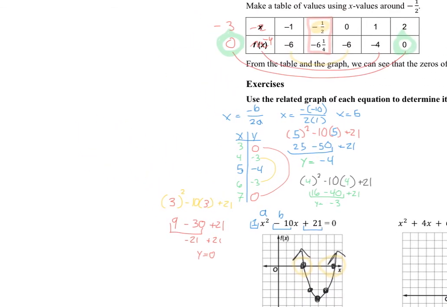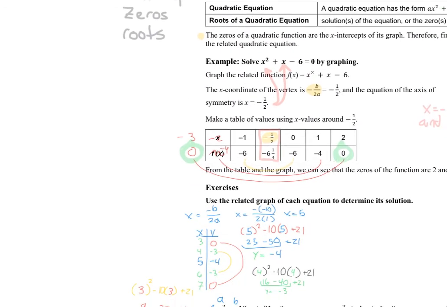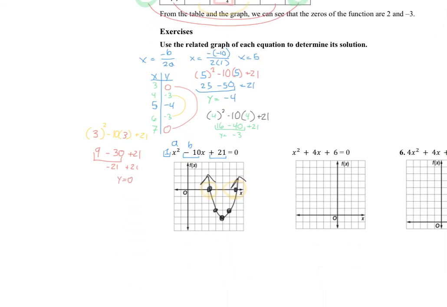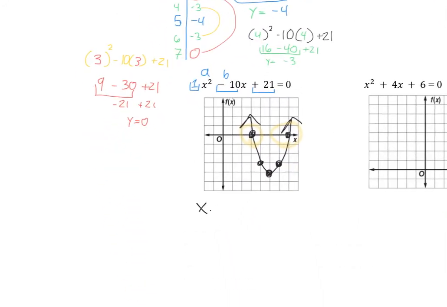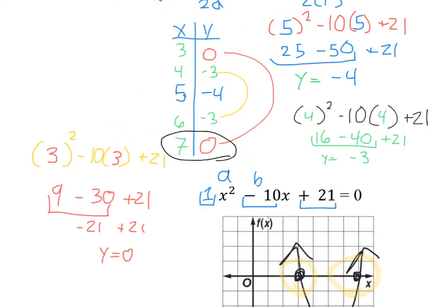And recall, solutions mean the same thing as x-intercepts, same thing as zeros, same thing as roots. Our solutions are x is equal to 3 and x is equal to 7. We found that by seeing on the graph, that's where it crosses over the x-axis. We see it in the table because that's when our y values are 0.